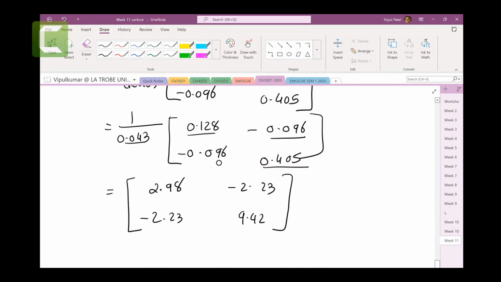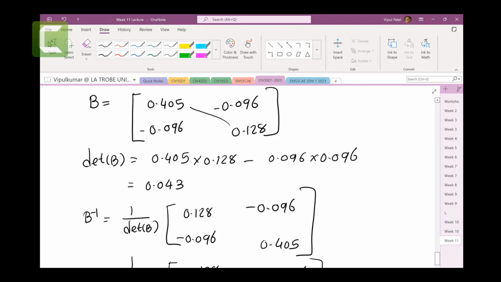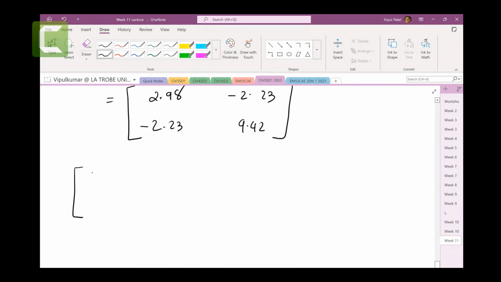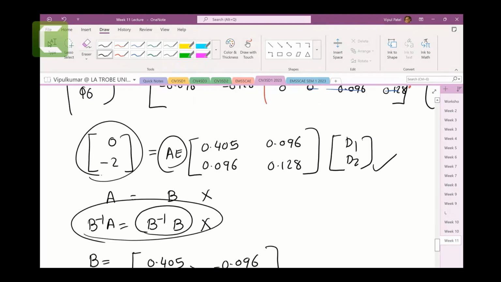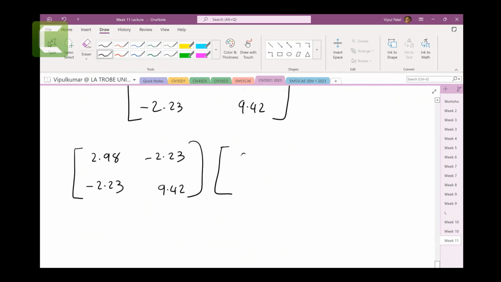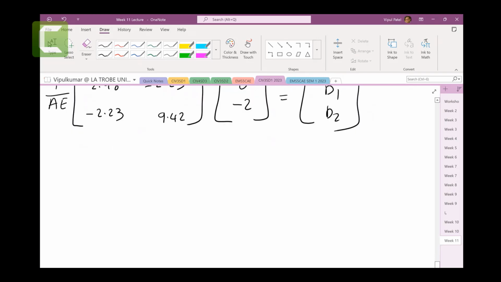Right, so now we have these equations. B inverse, which is 2.98, minus 2.23, minus 2.23, 9.42, times the A value 0 and minus 2, equal to D1 and D2. By the way, this is 1 over AE because you need to invert, you throw it on the other side, right?